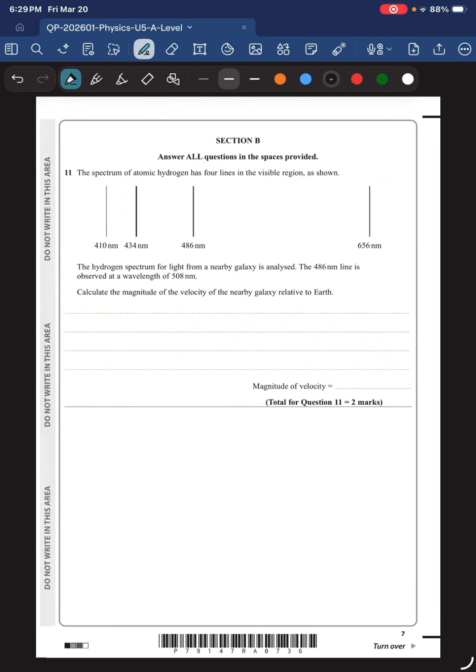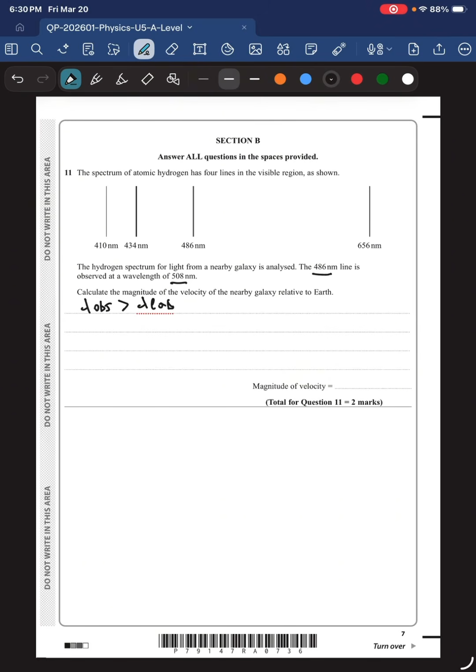Okay, so this is a redshift, first of all, because lambda observed is larger than lambda lab. Because we observe 508 nanometers, and in the lab we observe 486 nanometers.